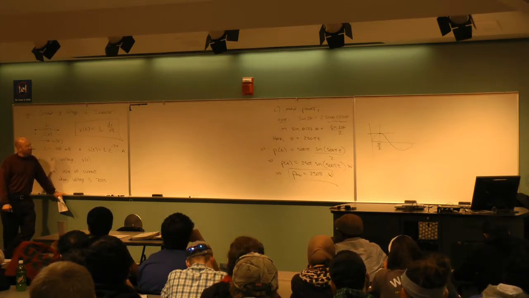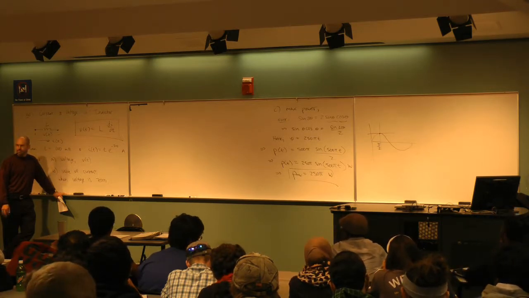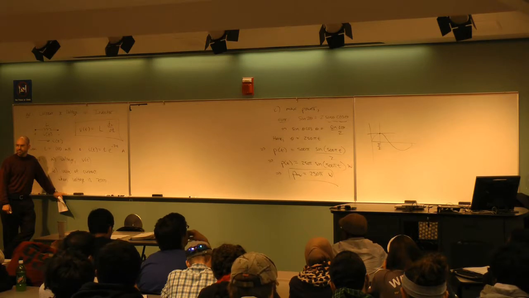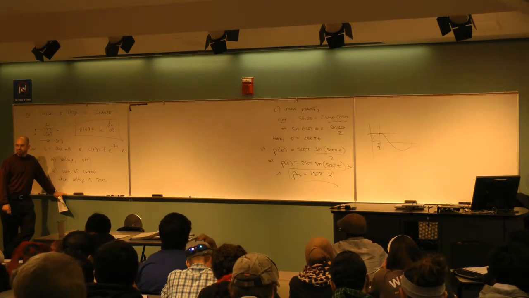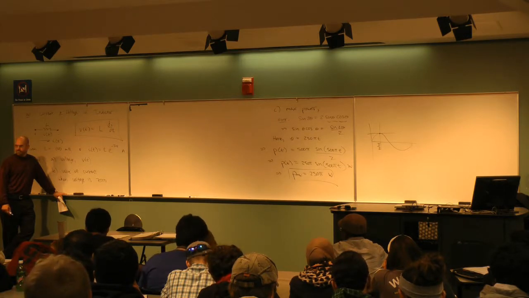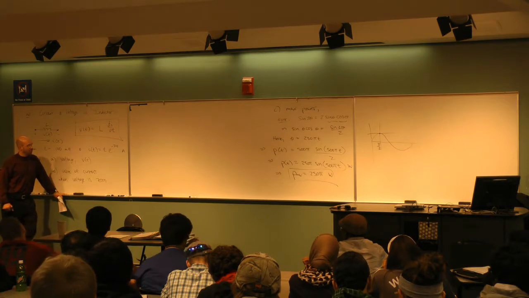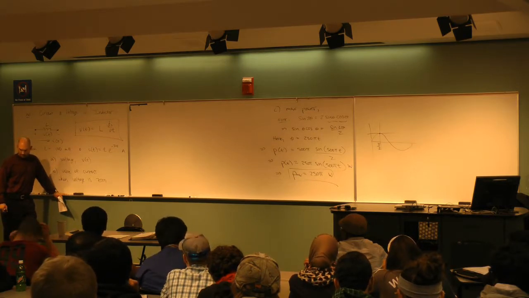So, when the voltage is 0, what does that tell me about the current? How about right here? When the voltage is 0, what does that equation literally tell me about the current?